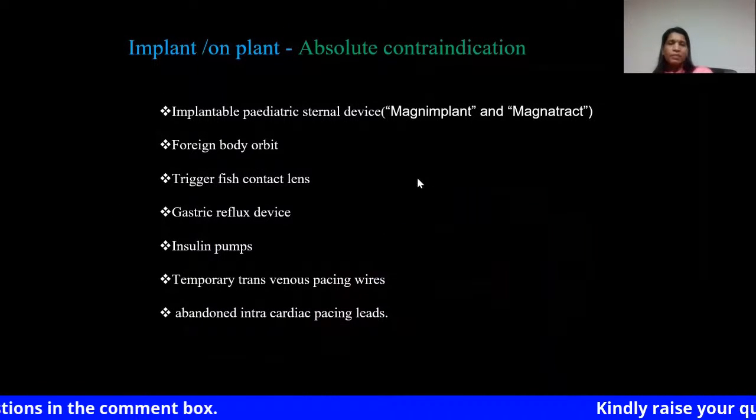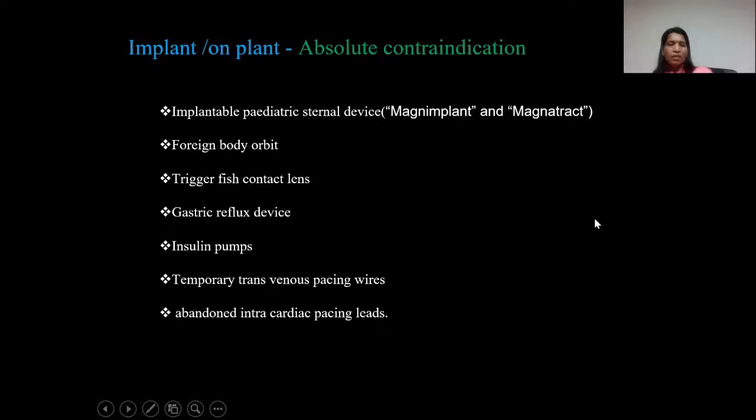And these are considered absolutely contraindicated for MRI: the implantable pediatric sternal device, that is, the magnet implant and magnet tract. These have magnets for sternal correction, and this is absolutely contraindicated.